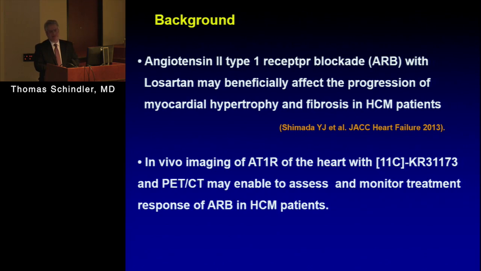And there are also some publications now that ARB inhibition or receptor blockade of type 1 may beneficially affect the progression of myocardial hypertrophic fibrosis in these patients. The problem is, of course, in HOCM patients, you don't want to lower the blood pressure too much, because you may aggravate the gradient across the septal obstruction.